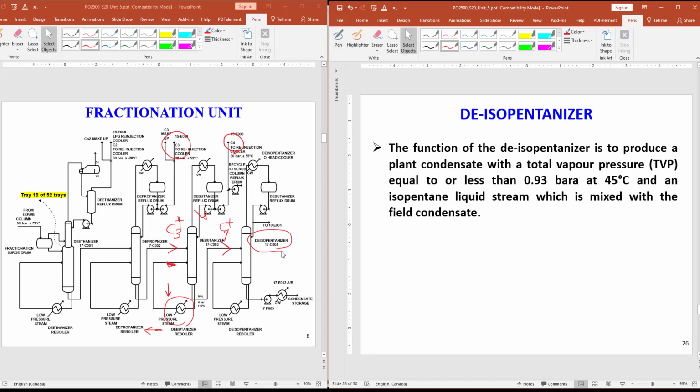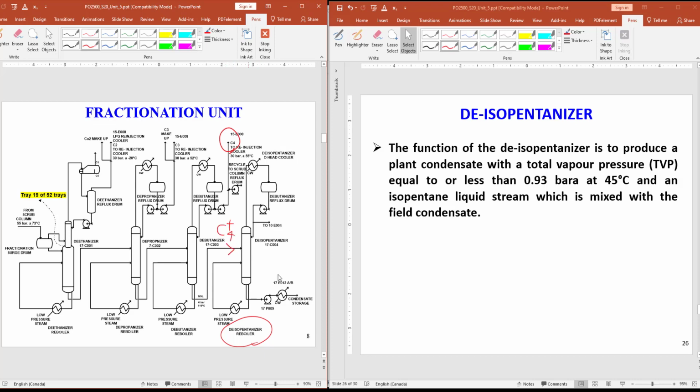Then the last unit is this unit here, the De-isopentanizer. In the De-butanizer, I separate butane from heavier molecules.